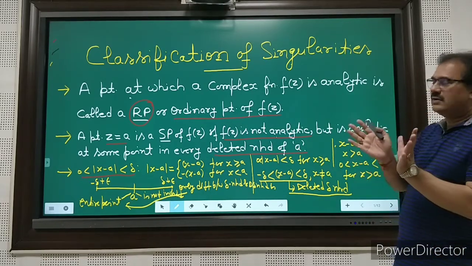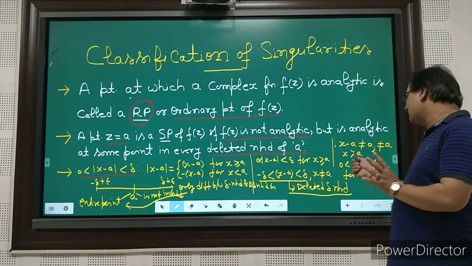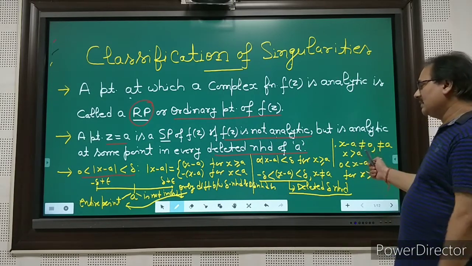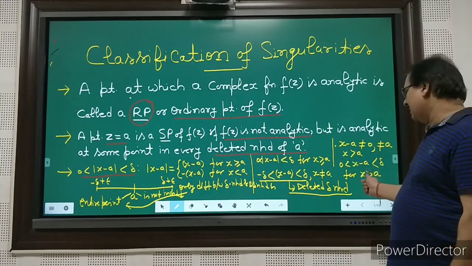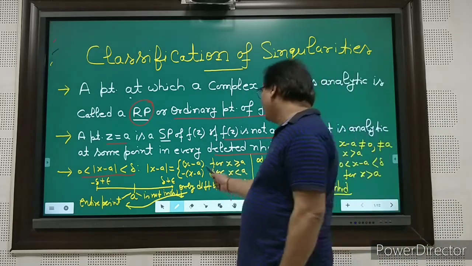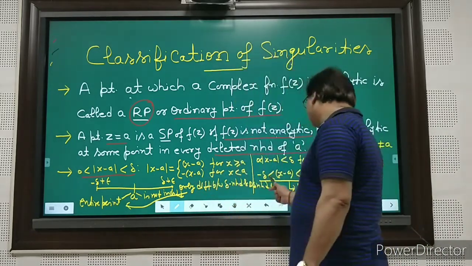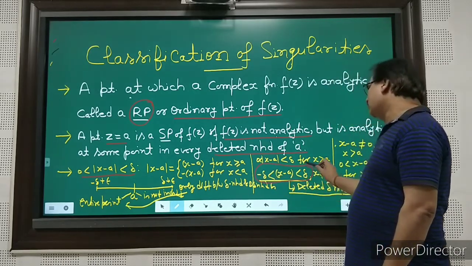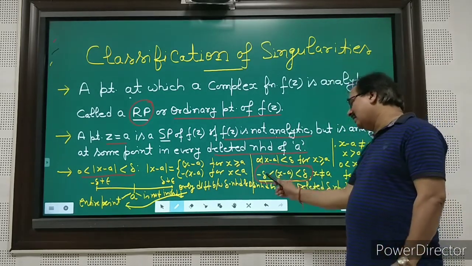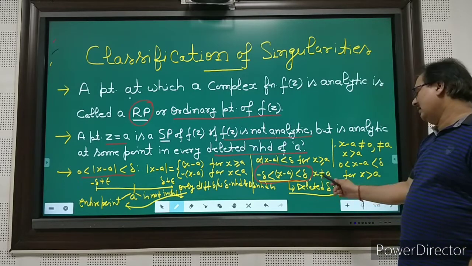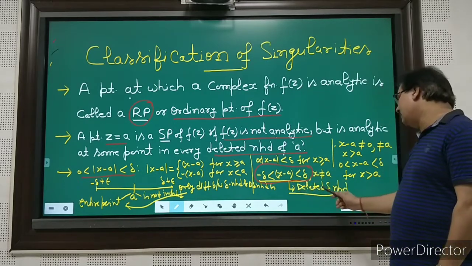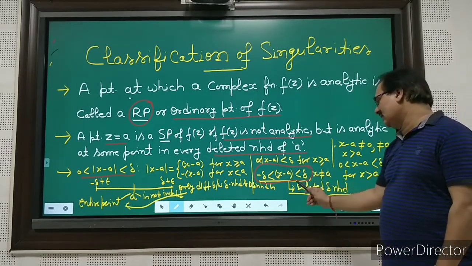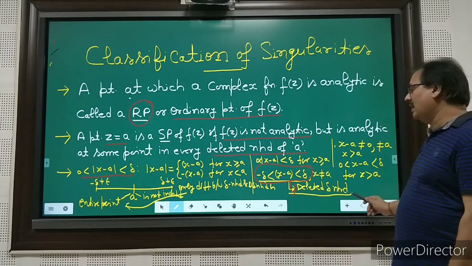Looking at the inequality again, x minus a may be greater than minus del but less than del. This range is called the deleted del neighborhood.